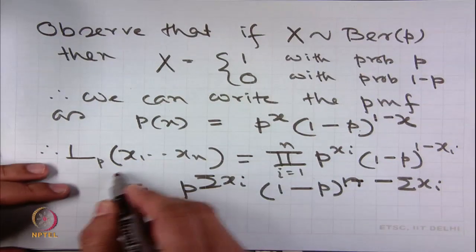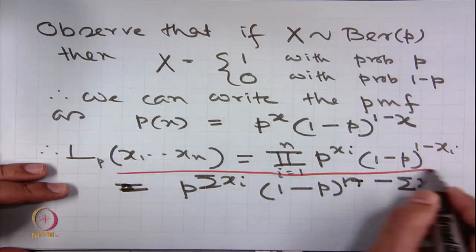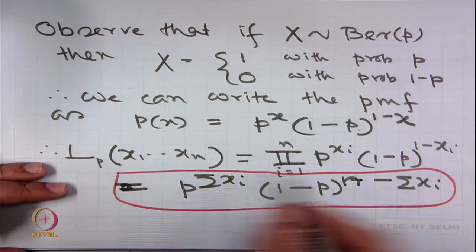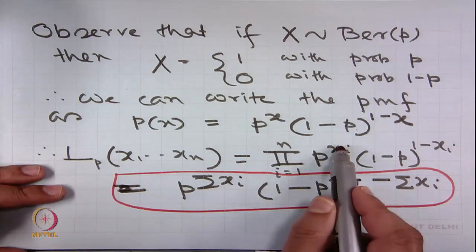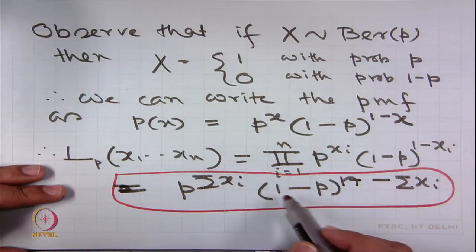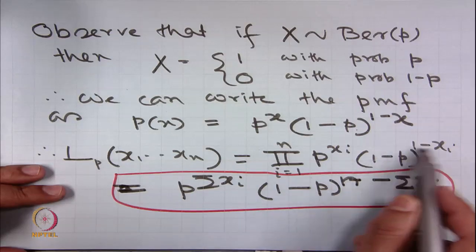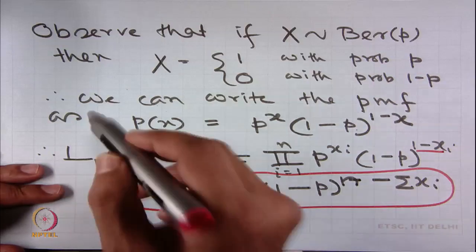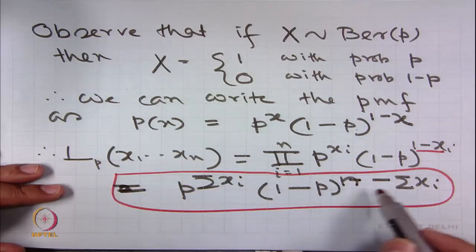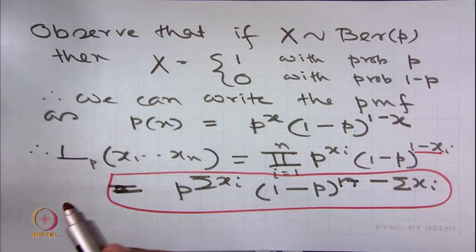I hope this is clear to you, because the powers get added, and here it is 1 minus p to the power 1 minus x i. So, when I am adding this over n of the observations, I get n minus sigma x i.